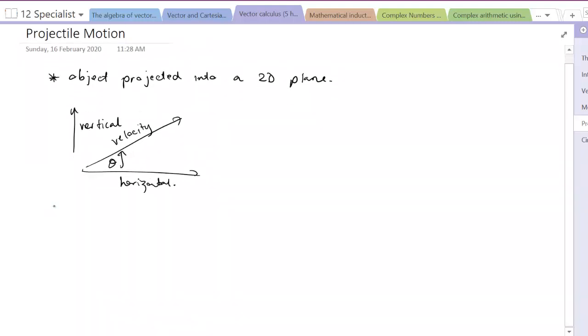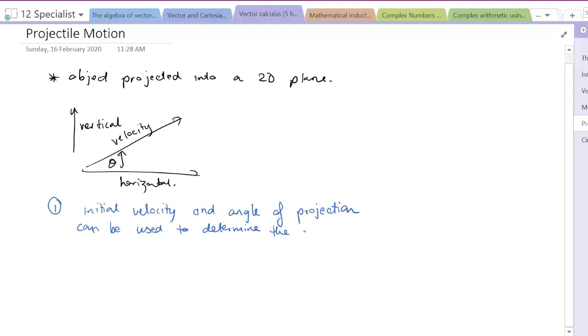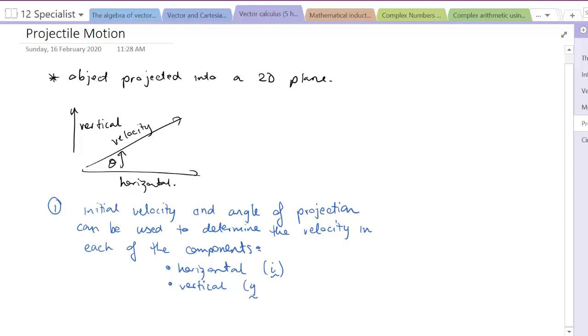So the first one is that the initial velocity and angle of projection can be used to determine the velocity in each of the components: the horizontal in the I direction and the vertical velocity in the J direction.